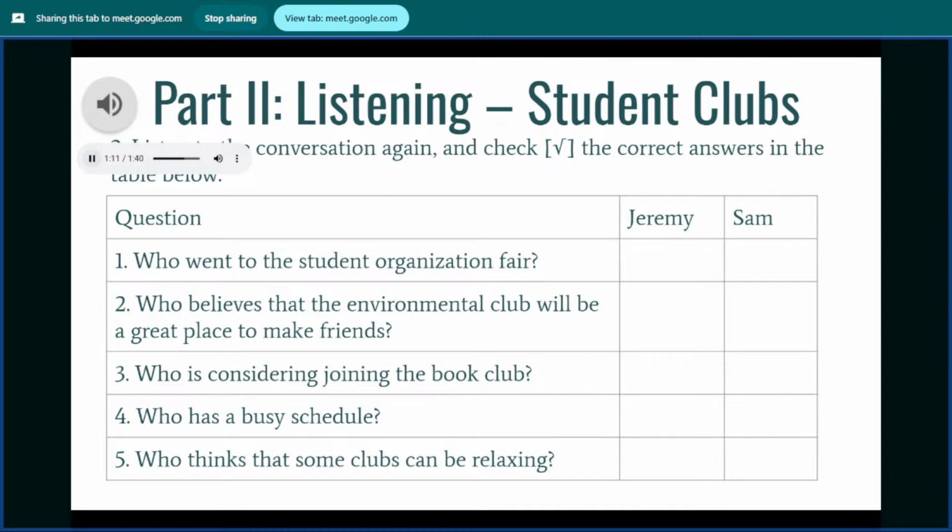I was thinking about joining the book club on campus, but I don't think it'll be easy for me to participate in any extracurricular activities this semester. I'm too busy. Oh, what are you busy with? Did you get a new job? No, I'm busy with my classes. I'm taking 5 courses this semester. Oh, wow. Well, it's important to relax. I think the book club sounds like a great place to stop and relax.